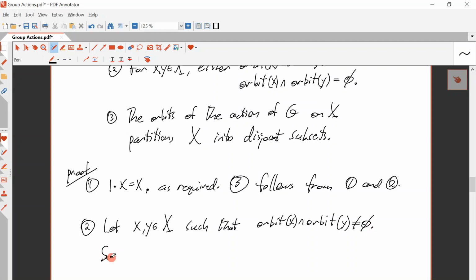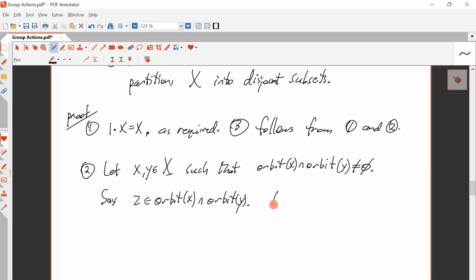Okay, say that Z is an element of orbit X intersection orbit Y. Thus there is g and h in G, such that the action of g on x goes to z, and the action of h on y goes to z as well.